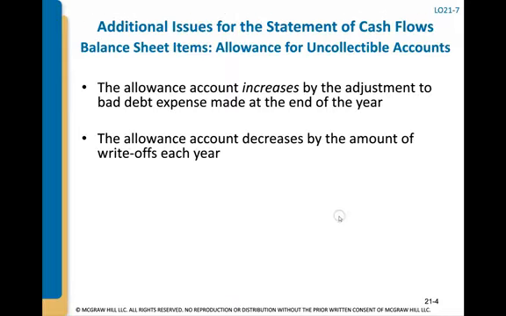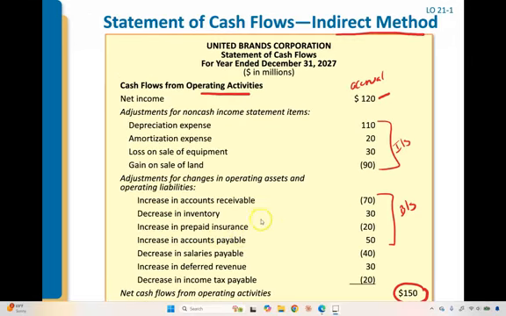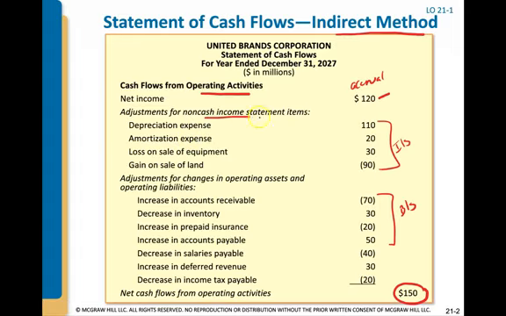When we're talking about the indirect method for the operating activities section, we have the net income, adjustments for non-cash income statement items, but then we also have these adjustments for changes in operating assets and operating liabilities.